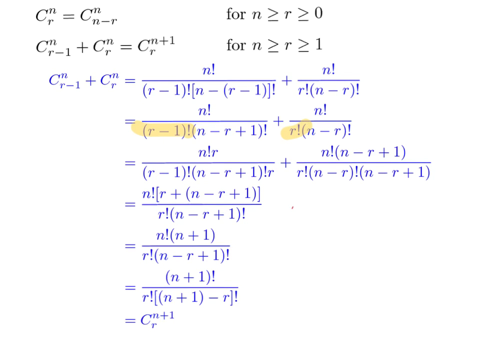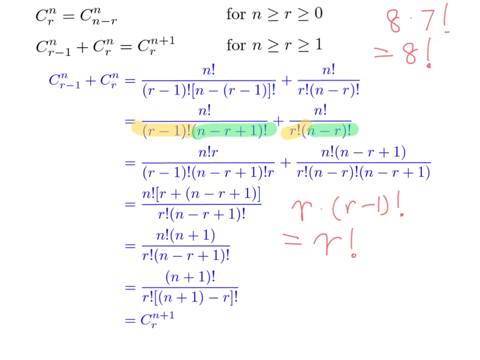Note that r times r minus 1 factorial is equal to r factorial because r is larger than r minus 1 by 1. This is just like 8 times 7 factorial is equal to 8 factorial. So here we multiply both the denominator and numerator by r. And we also have n minus r plus 1 is 1 larger than n minus r.